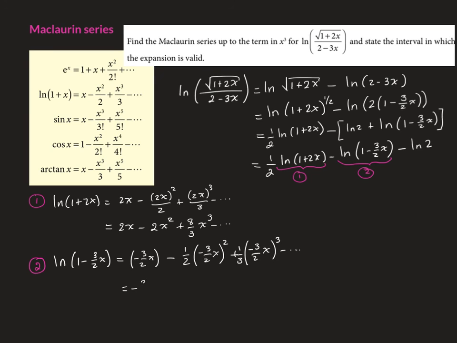This is equal to minus 3 halves of x minus 9/8 of x squared minus 9/8 of x power 3.